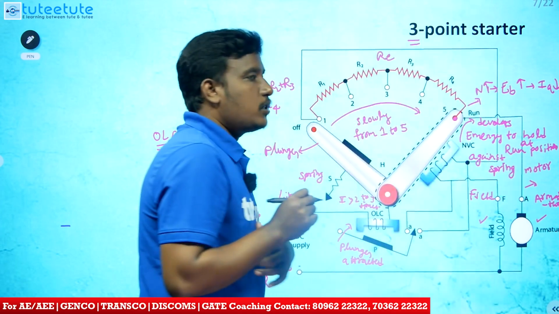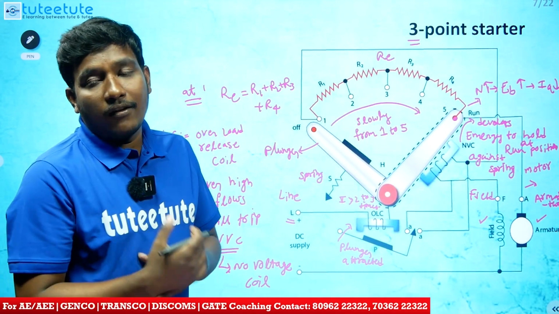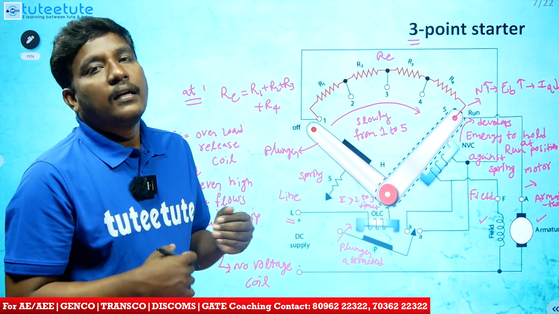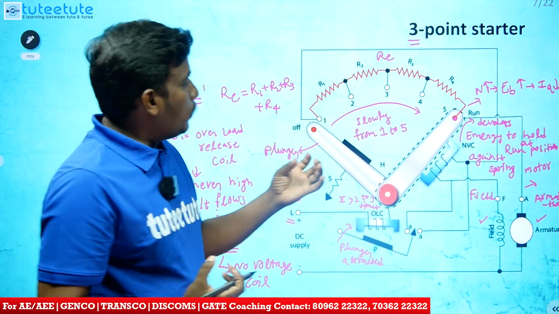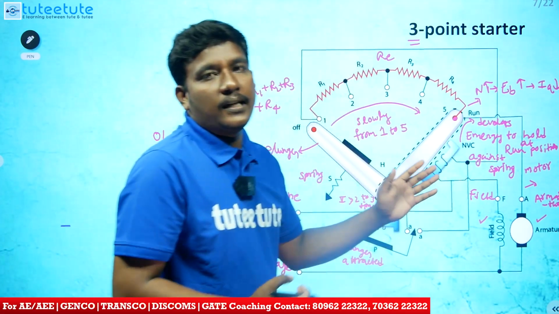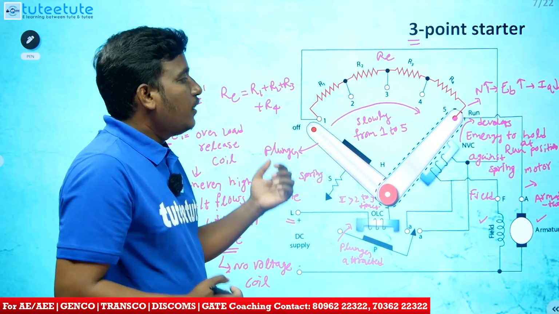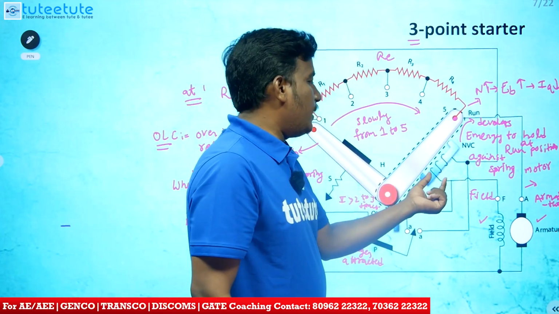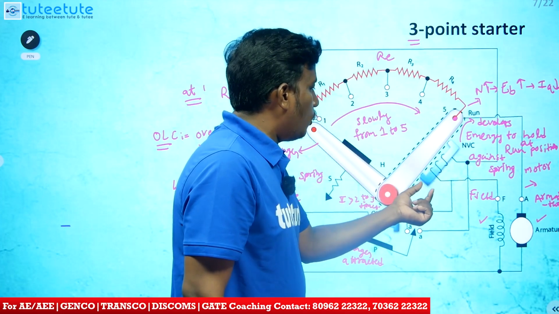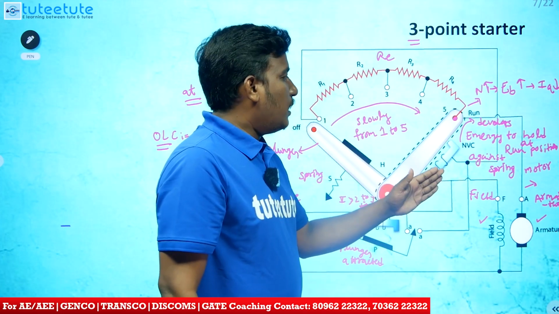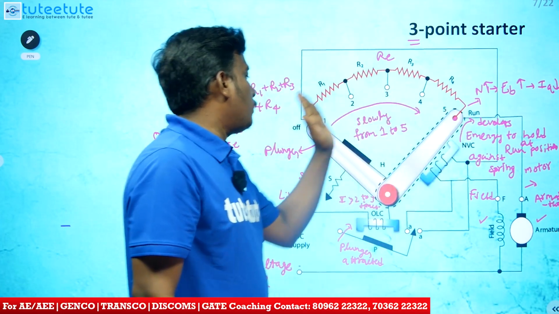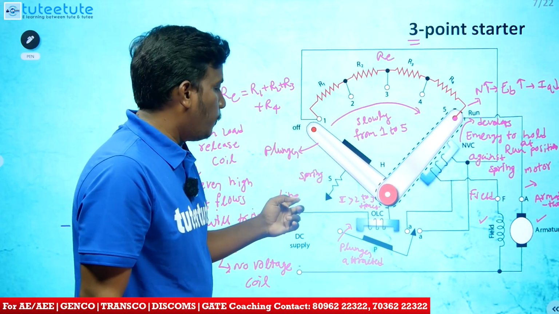The NVC develops some magnetic energy, and that magnetic energy holds the plunger at the run position against the spring. If there is no supply to the NVC, the magnetic energy becomes zero, so the plunger comes back to the off position due to the spring.